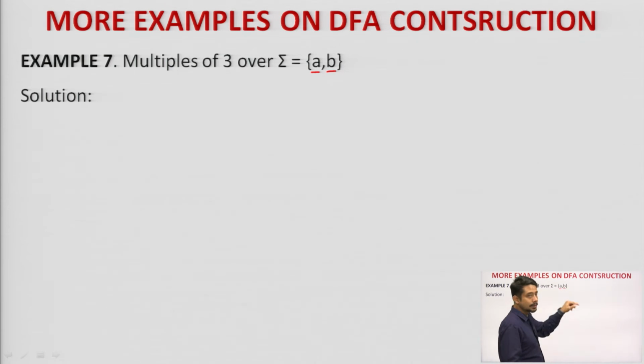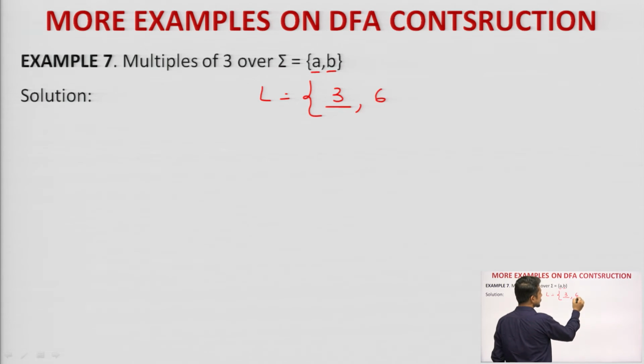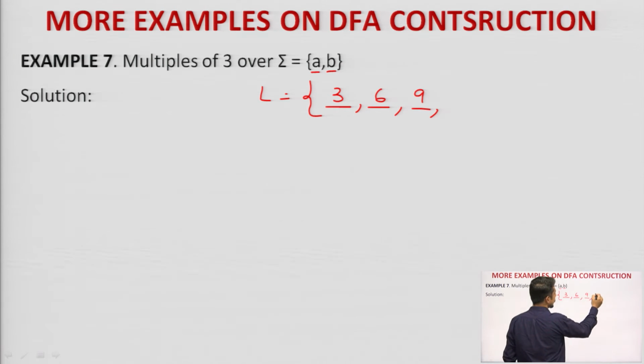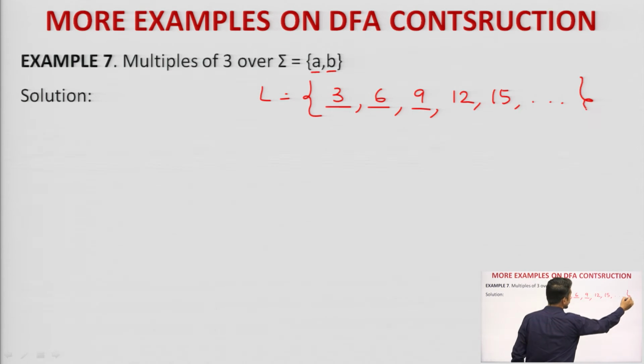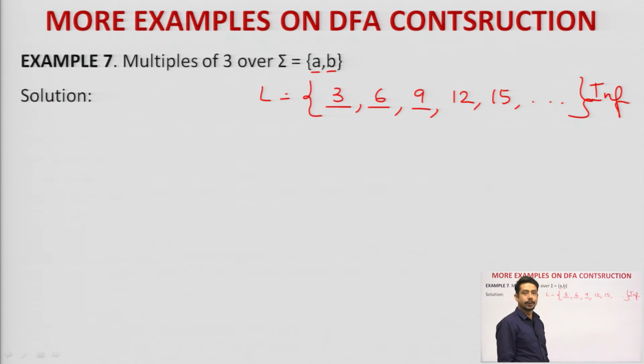It says multiples of 3. Multiples of 3 means what? The language must comprise strings of length 3, 6, 9, then 12 and 15, and it will keep on going. So, definitely it is an infinite language, correct.